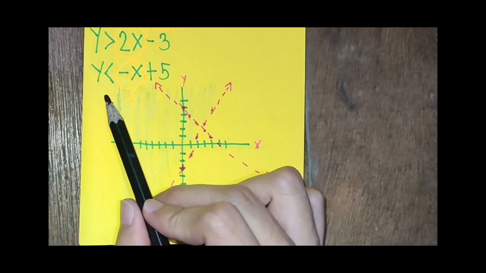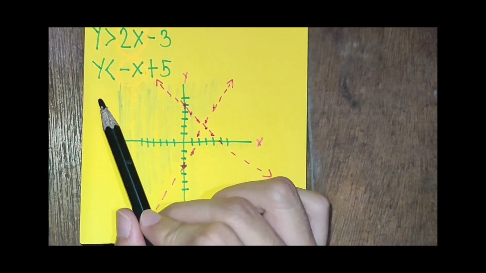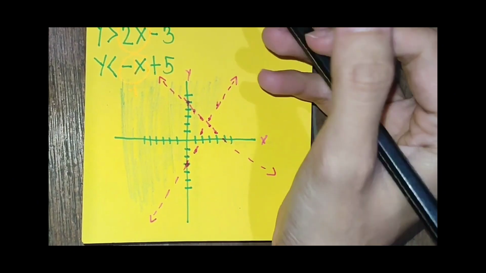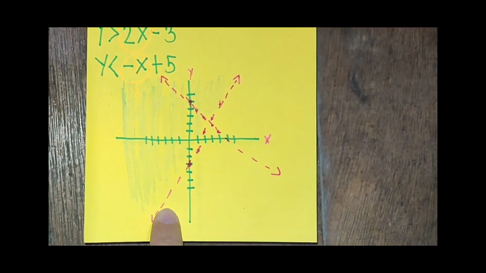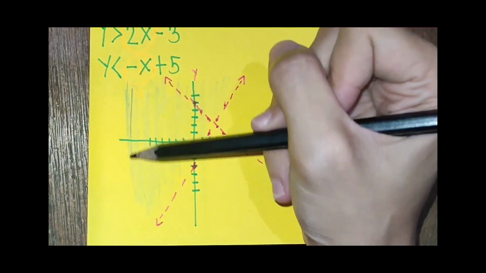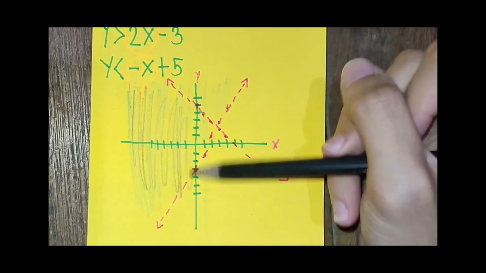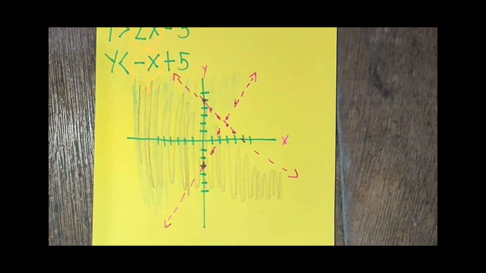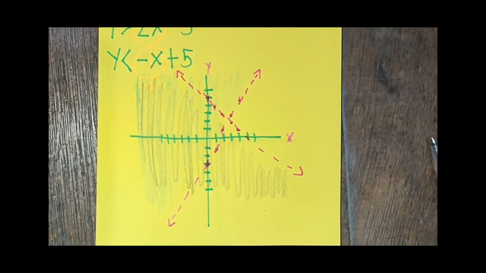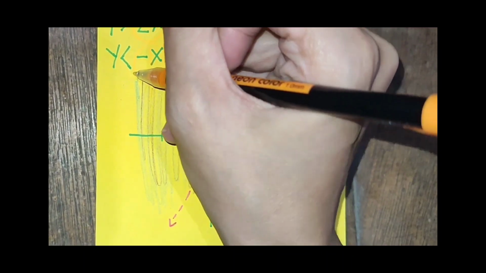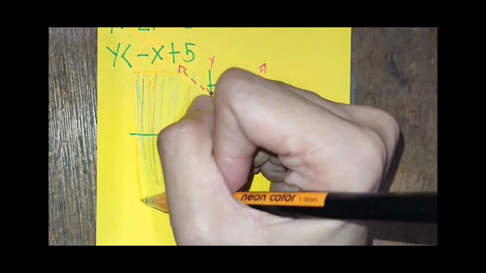Tapos ito naman, less than. So, pababa. So, ito yun, di ba? Ito. So, ito yung solution natin. Itong nag-meet sila. Itong area na to yung solution.